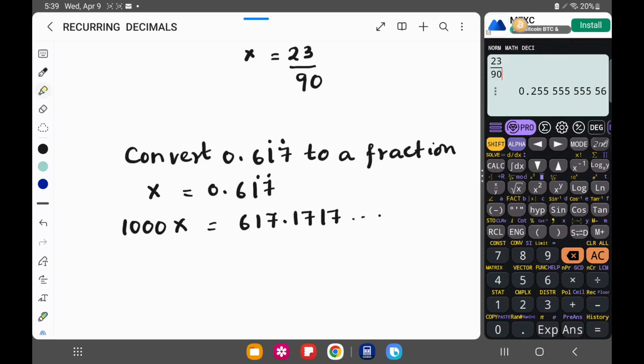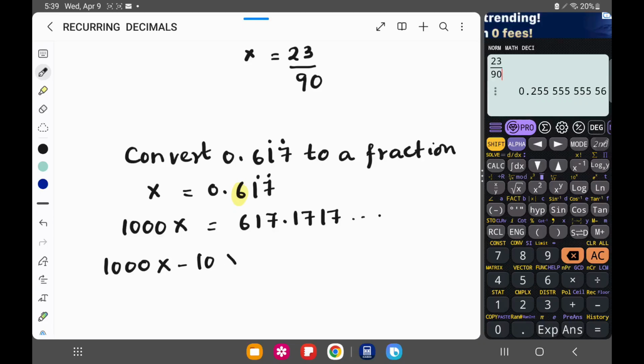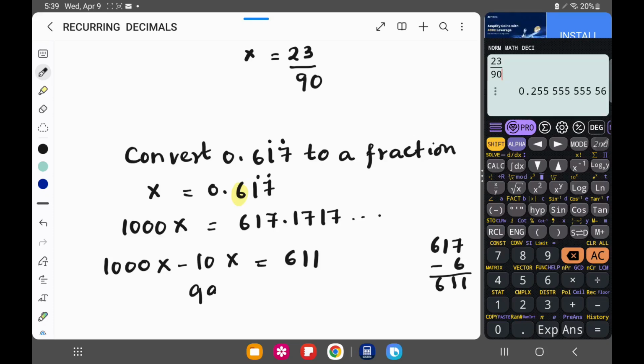Now there is just one number which is not repeating, so we write down 1000x minus 10x, and the number not repeating is 6. So 617 minus 6 becomes 611. So 990x equals 611.